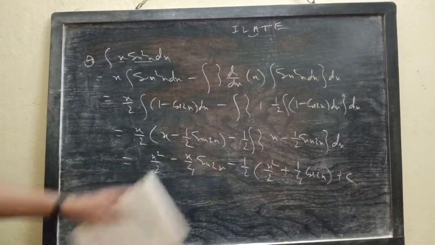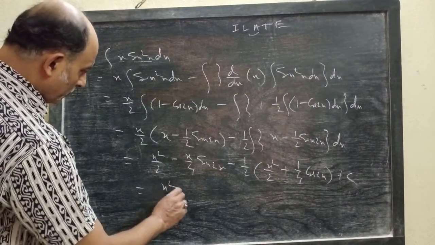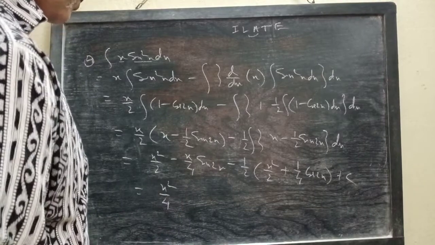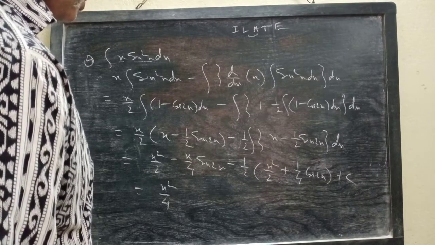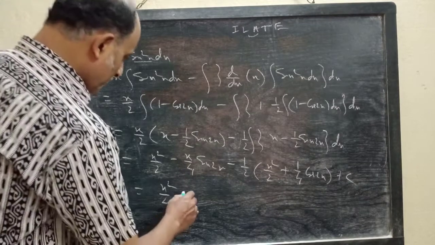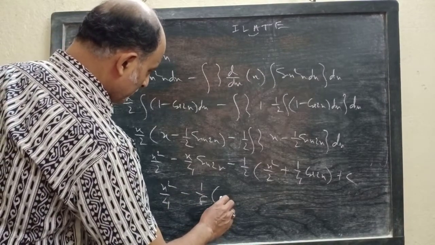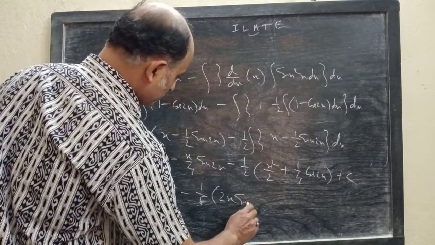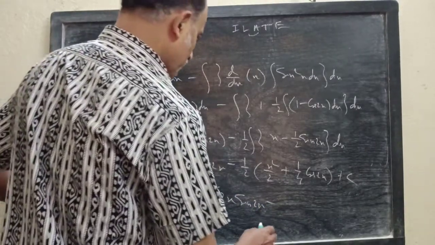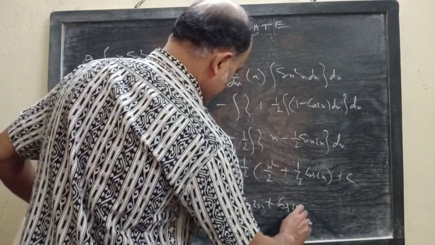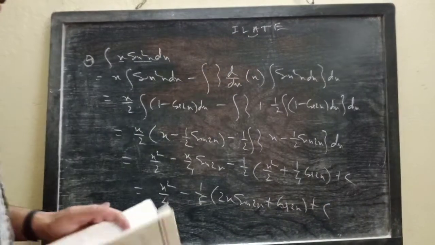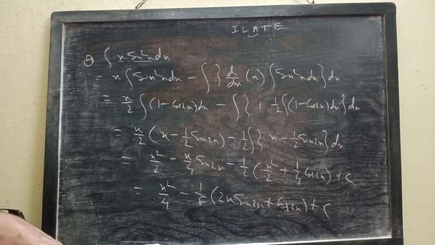This is x square by 2, this is x square by 4, so they become x square by 4 minus x by 4 sin 2x minus 1 by 8 cos 2x, plus c. This is your answer.